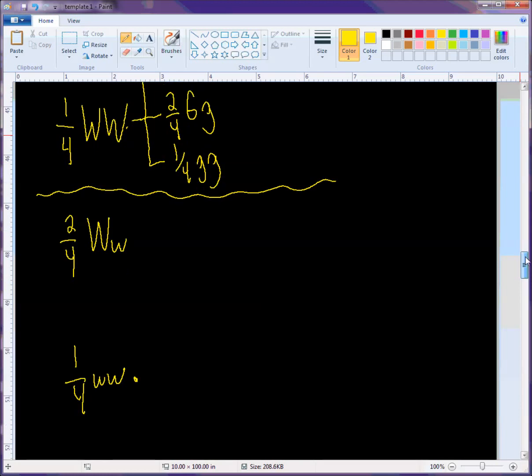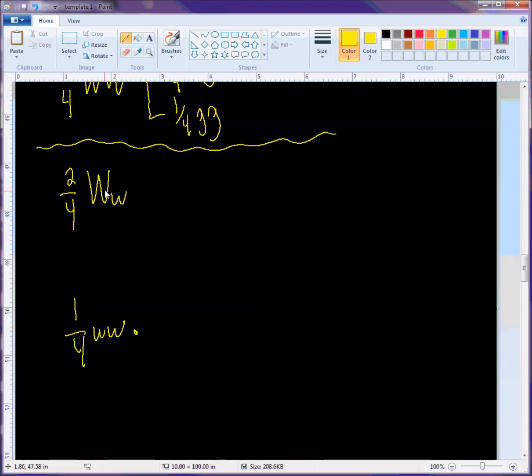So the same thing, of all the plants that have a big W and a little w allele, 1/4 of those plants are going to have two big G's, 2/4 are going to have a big G and a little g, and 1/4 are going to have two little g's.